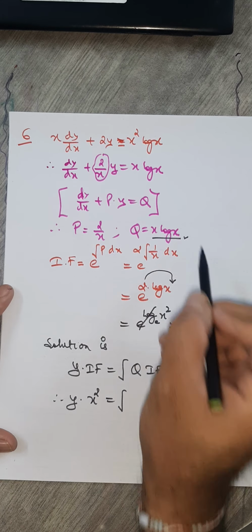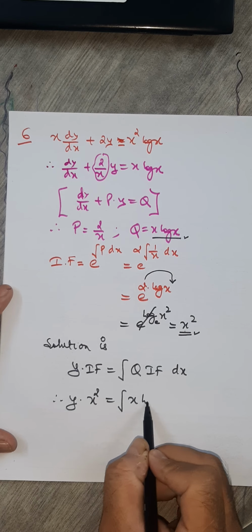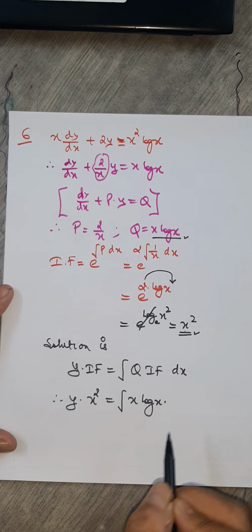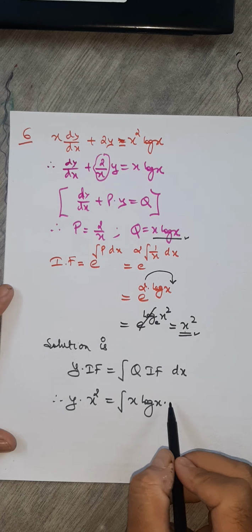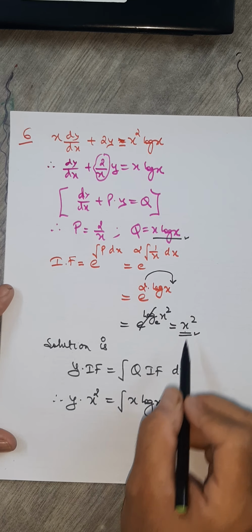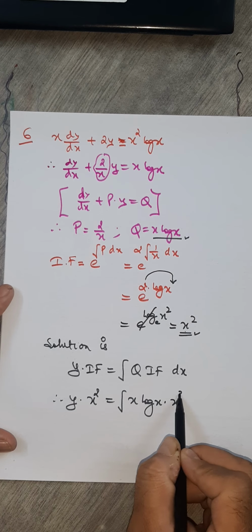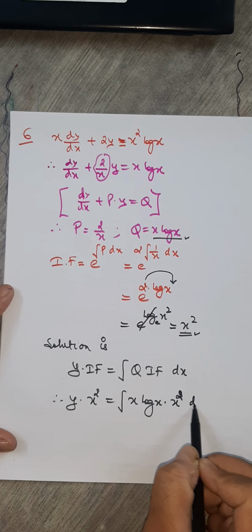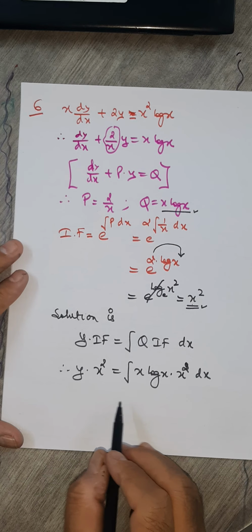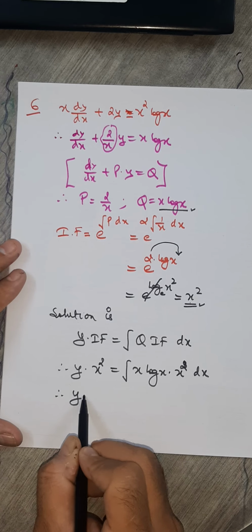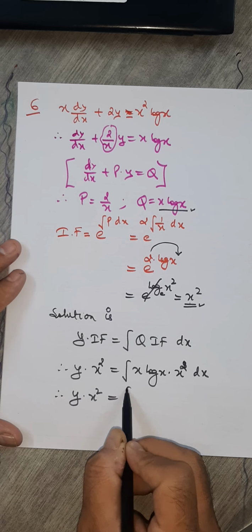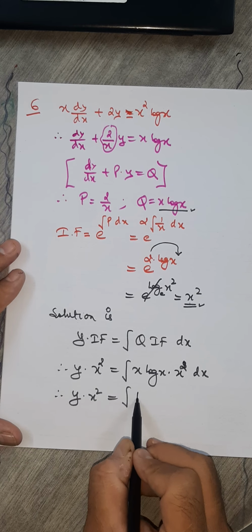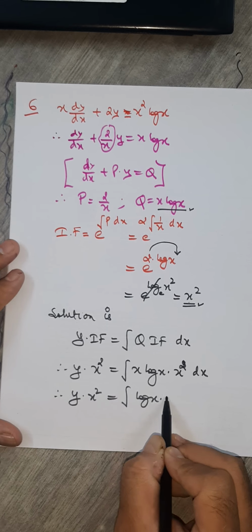That is x log x. And the integrating factor is x squared here, remember. So let me write x squared dx. So you have y into x squared. What about this? This is nothing but log x into x cubed.